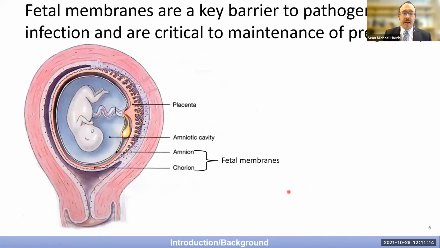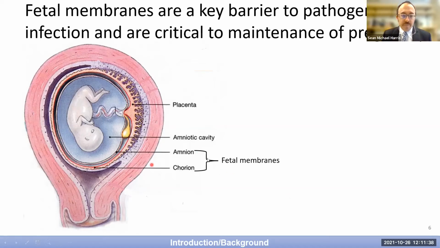So the fetal membranes are an important component in defense against pathogenic infections during pregnancy. And they're also really critical to maintaining a healthy pregnancy. It's maybe not a tissue that we think about a lot, but the fetal membranes are pretty biologically active and very important.